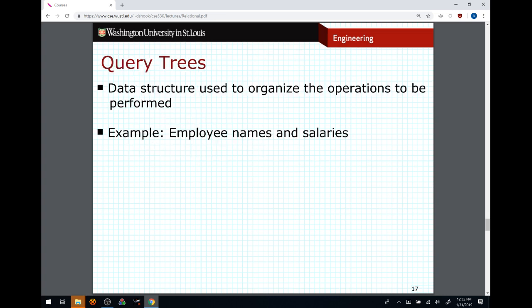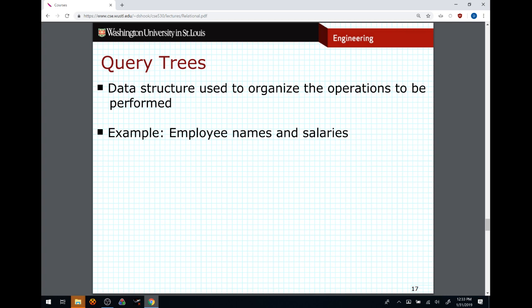So what we've been building up to is this idea of a query tree. If I give you a SQL query, what do we have to do? First thing we have to do is understand what that query is saying. I have to examine that query and break it down into its component parts. That's actually Tuesday. Tuesday we're going to talk about SQL, the language, in a lot of detail.